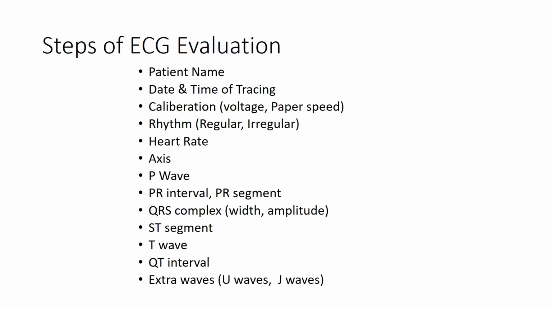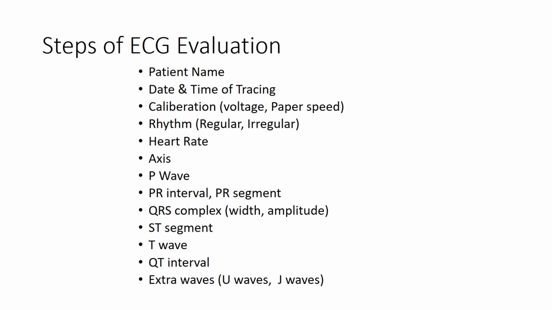The steps of ECG evaluation include: the first step is patient name. We have to relate each ECG tracing with the patient, whether the patient we are seeing and considering has the same ECG which we are being presented, and then we have to see the date and time of ECG tracing.